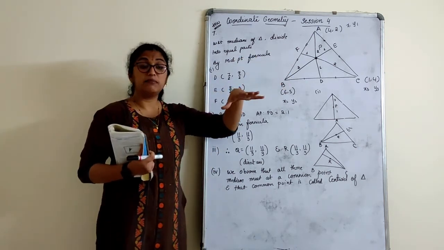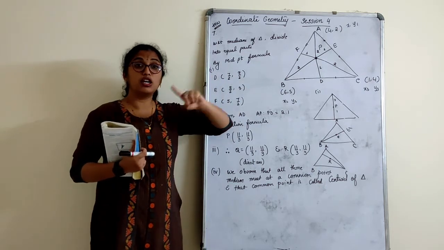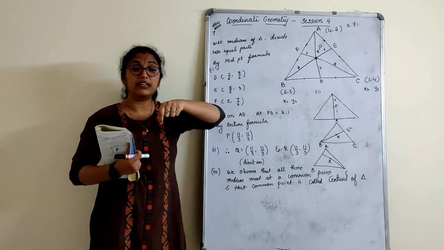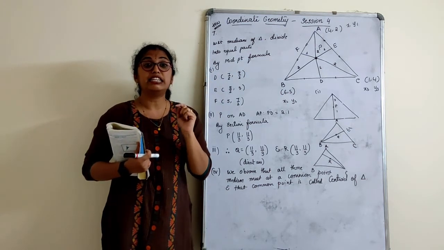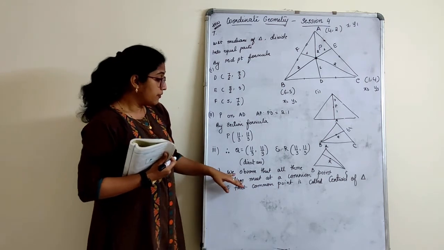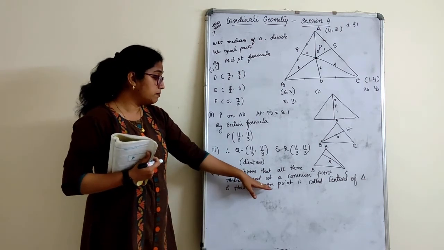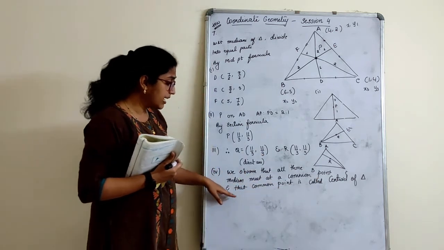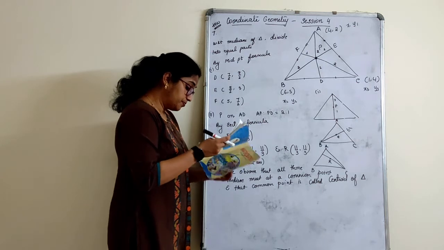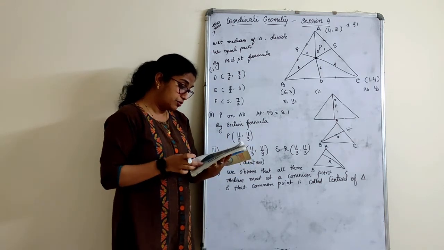Once you construct the medians, all three medians meet at a particular point, and that point is the centroid, the center of the triangle. So we observe that all three medians meet at a common point, and that common point is called the centroid of a triangle. That is what we have to write here.